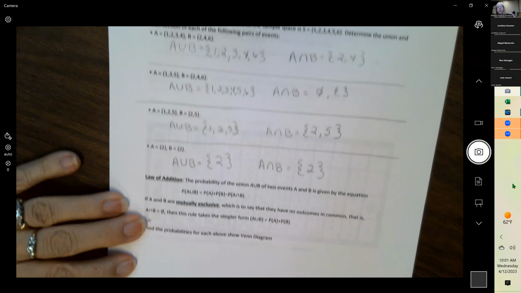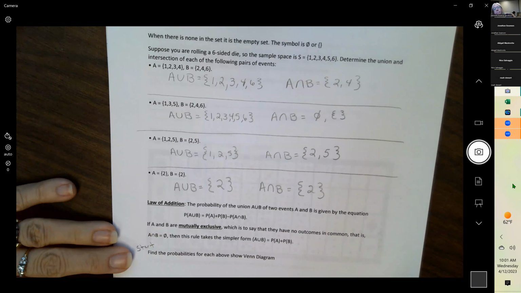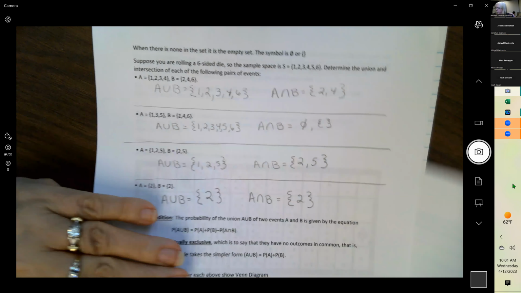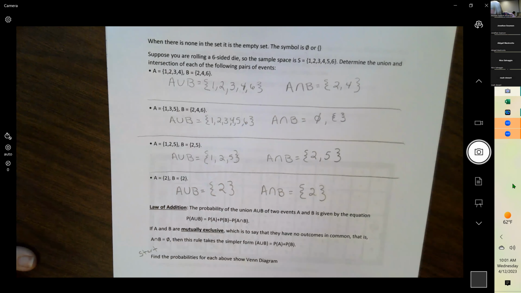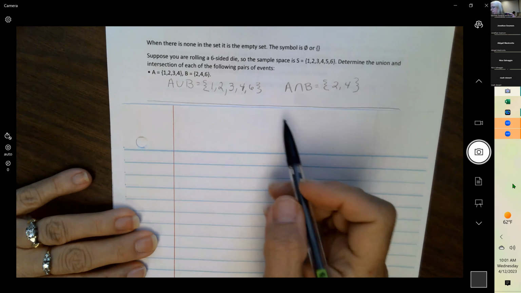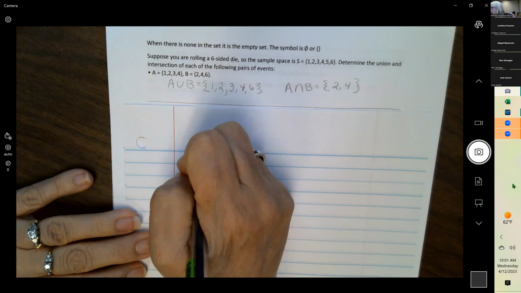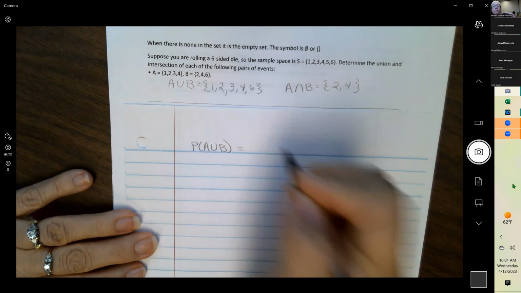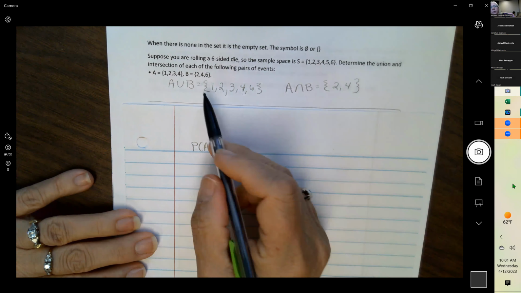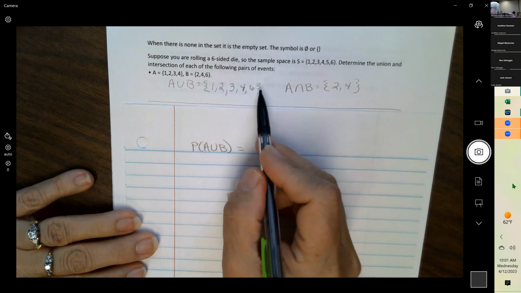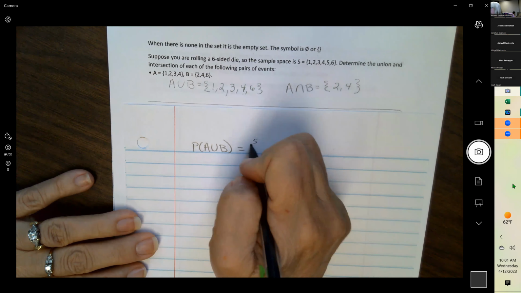If I look at the first one, it says find the probabilities for each. If we want to find the probabilities, since we were able to list all of them, we know the union is 1, 2, 3, 4, 5 out of the 6, or 5/6.